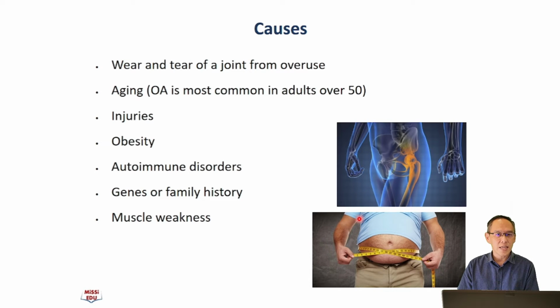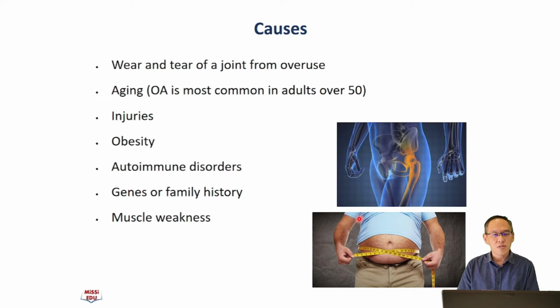Because of age and wear and tear, the joint becomes aged, and it commonly occurs after the age of 50. At a young age, an injury to a certain part of the joint will cause a chronic arthritis problem. Obesity exerts a lot of weight on certain parts of the joint, especially the knee and hip, and eventually causes severe arthritis later in life.